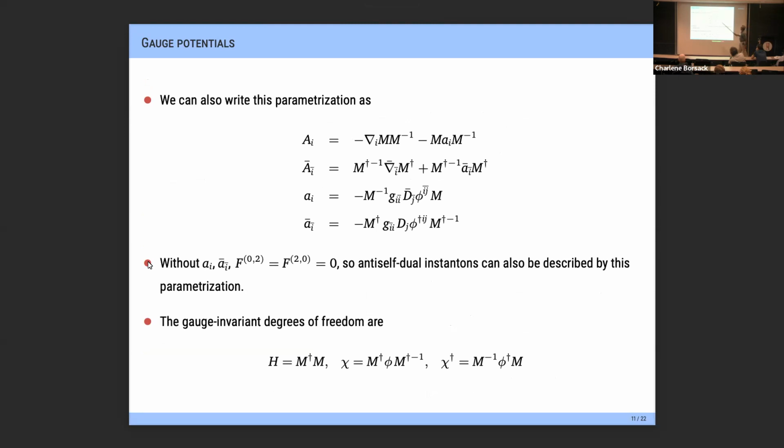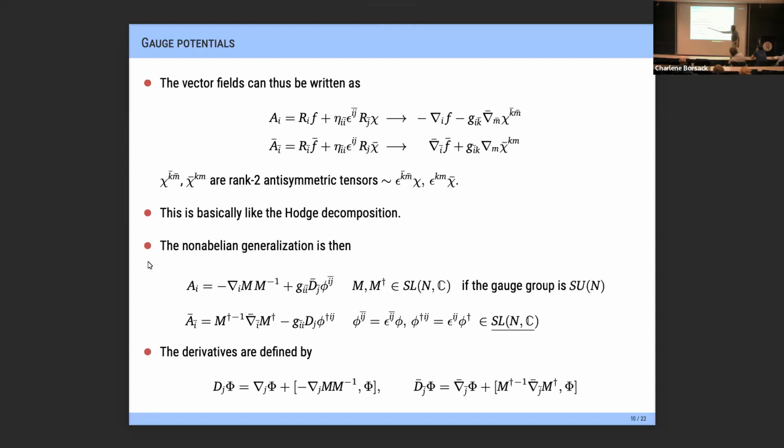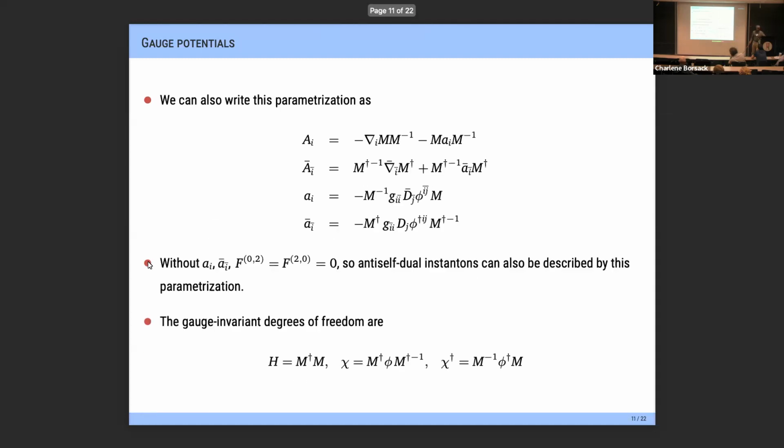We can write it in a slightly different way, which will become useful later. Instead of writing in terms of this phi that I showed you here, I can also write it in this fashion, which looks a little nicer, if you like. The important thing is that the gauge transformations act as left translations on M. Therefore, A I are gauge invariant degrees of freedom as well. Now, I gave you the argument for how we get to this parameterization.